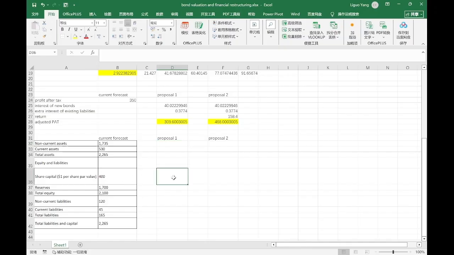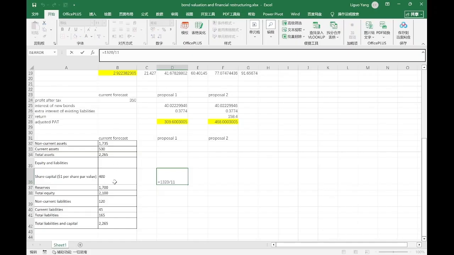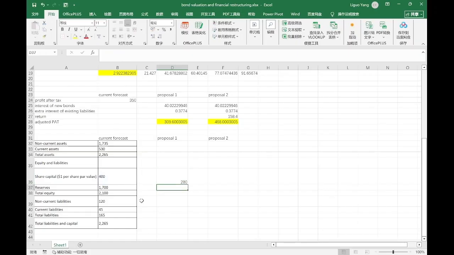Yeah, let's begin with this, because there will be a buyback of shares at the current price, which is 11. So there will be a 120 bought back, and so after the purchase back, the share capital will be 280.